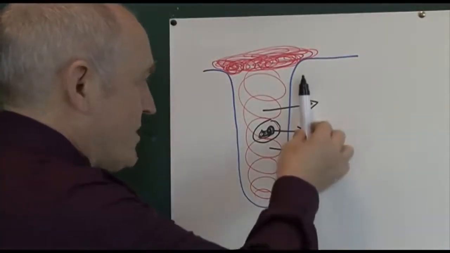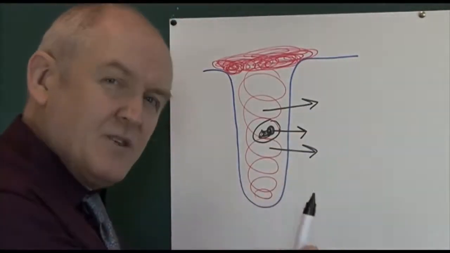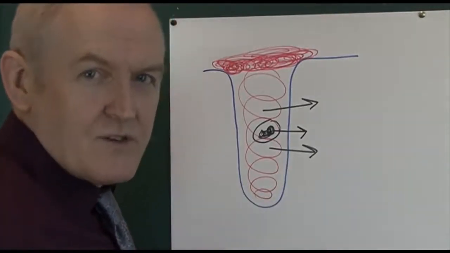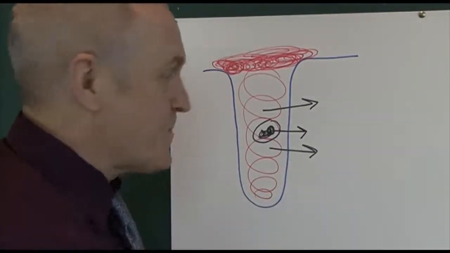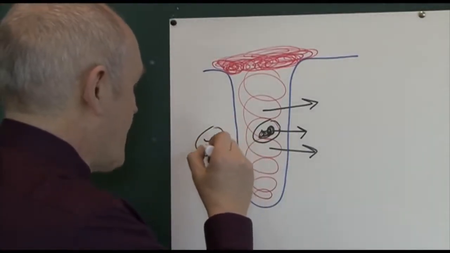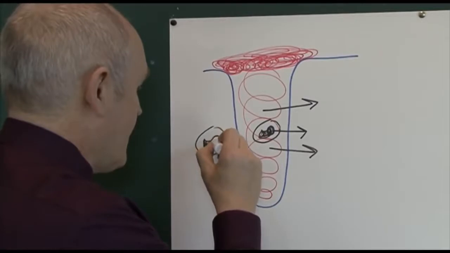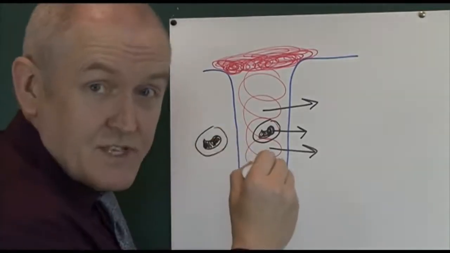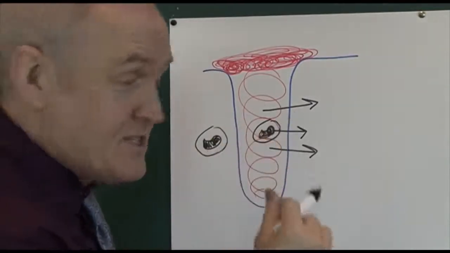Actually, they're not monocytes, are they? What do we call a monocyte when it's in the tissue spaces? If monocytes are in the tissue spaces, they're called macrophages.